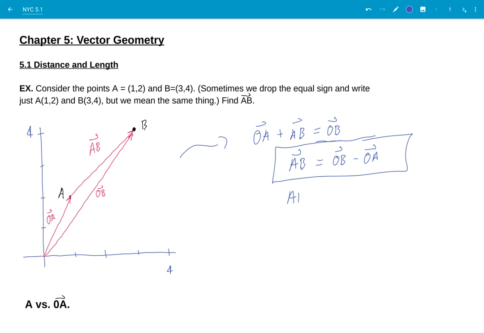So in our case, we have AB, 0B. Well, here's the point B. The vector I would write vertically like that, then subtract 0A, which is 1, 2, giving you 2, 2.